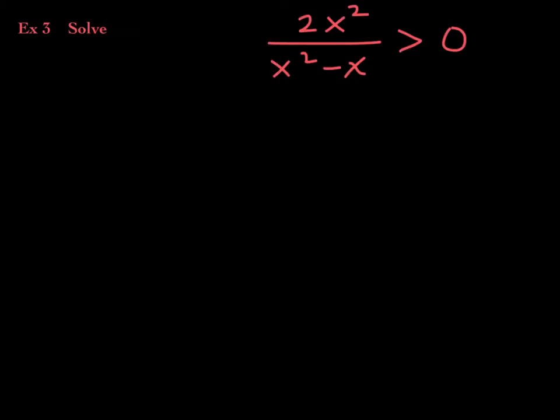All right, check this out, everybody. Solve this rational inequality, 2x squared over x squared minus x, strictly greater than 0. Now, let me be very clear. If you wanted to, you can get a detailed graph of this rational expression by finding the vertical asymptotes, the end behavior asymptote, the x-intercepts, the y-intercept, determine whether the graph crosses the end behavior asymptote, and so forth.